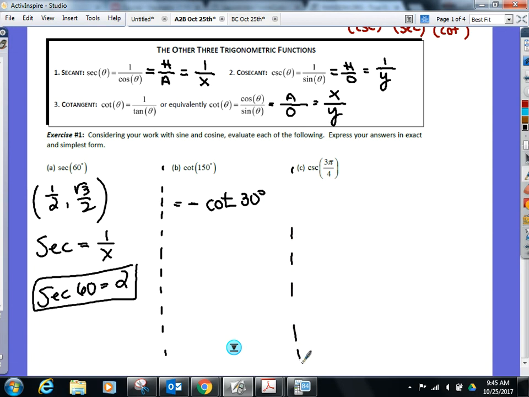Okay, so go to 30 degrees on your unit circle. We just went to 60 before. What's it at 30? Radical 3 over 2, comma, 1/2. So this will be equal to, well, first, tangent was what yesterday? y over x. So now I'm going to do x over y, bringing down that negative.